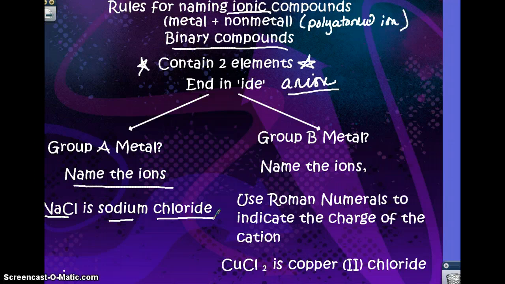Now, if the metal happens to be a group B metal, we know that the group B metals, the transition metals, tend to have more than one possible charge attached to them.